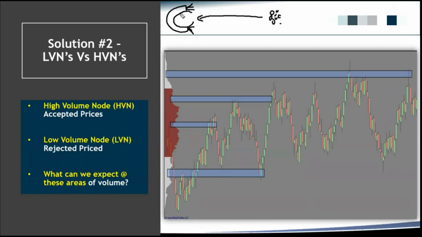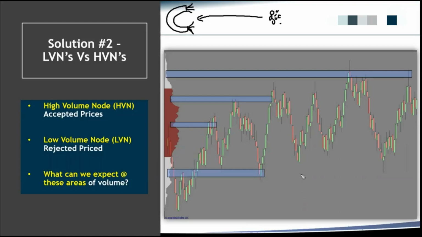The magnet is where lots of traders have facilitated trade. The reason the market wants to go to where there's a magnet is because they can liquidate and exchange positions.